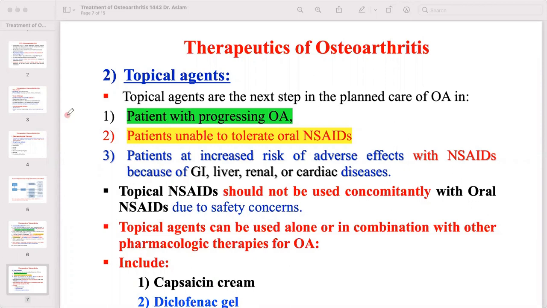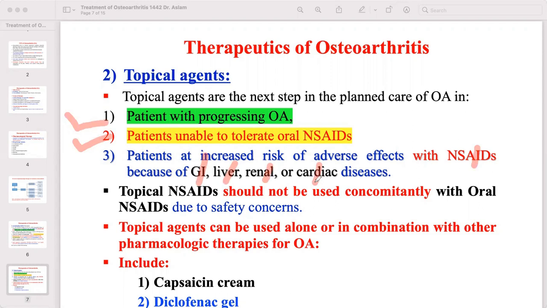In patients with progressive osteoarthritis, patients unable to tolerate oral non-steroidal anti-inflammatory drugs, or patients at increased risk of adverse effects with NSAIDs because of gastrointestinal, liver, renal, or cardiac diseases.